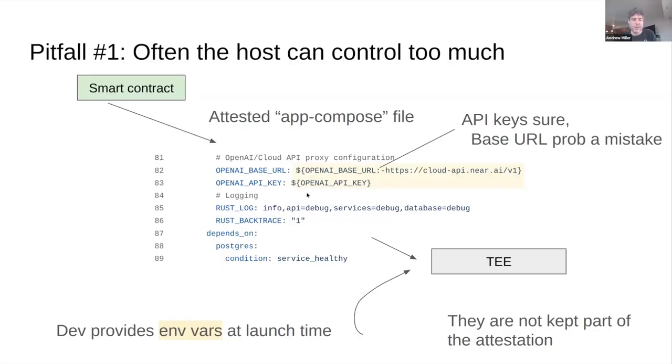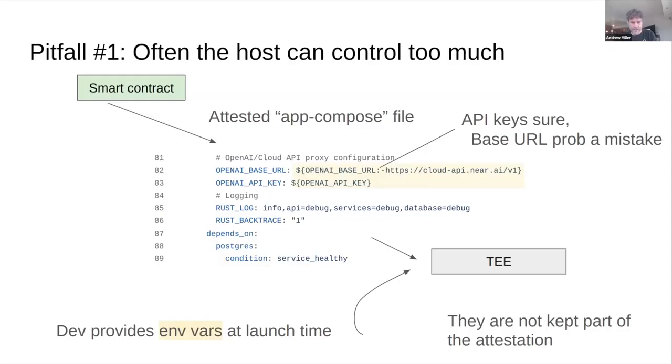The pitfall can happen when you put not just API keys, but also something that really should be part of the attestation. In this example, you put a base URL for the API that you're hitting. Having that as an encrypted environment variable is usually a mistake. The reason it's a mistake is that the whole point of this is that it's not part of the open source attested code.